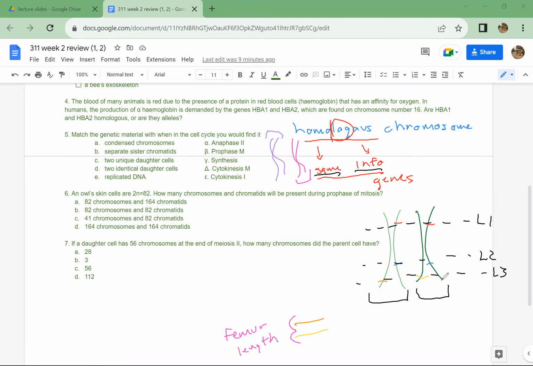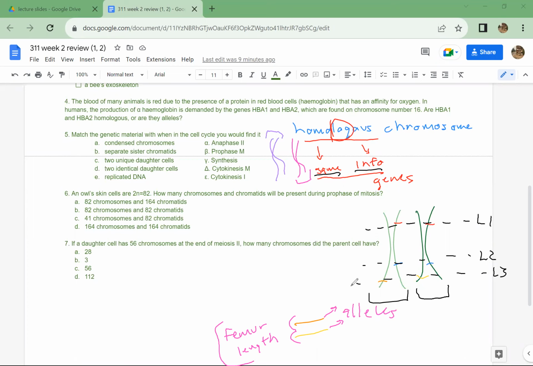We notice that they aren't exactly the same. They aren't both orange or both yellow. They're different variations of the gene that codes for femur length. So what would we call these? That's right. These are two alleles of the same gene, the gene that codes for femur length.